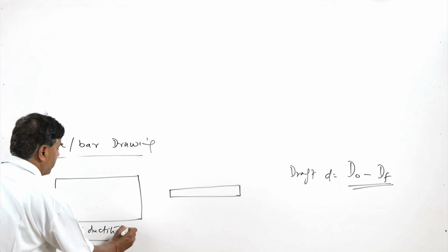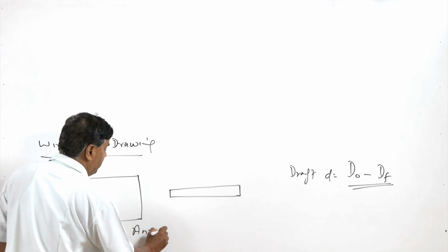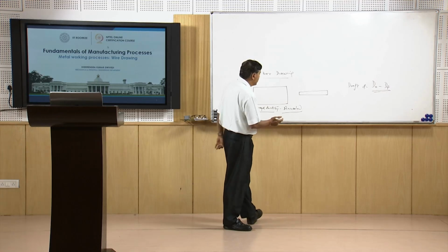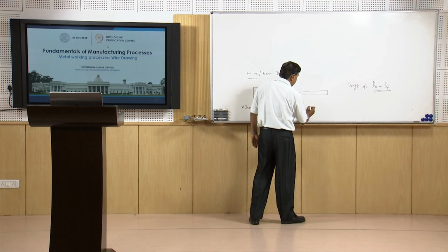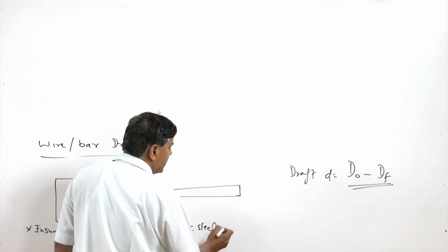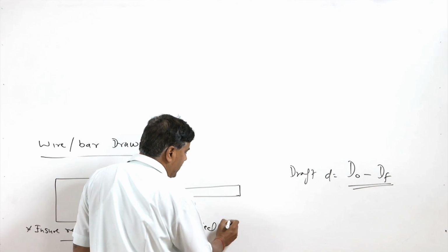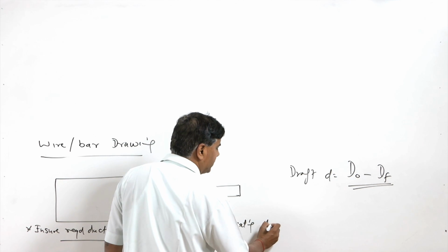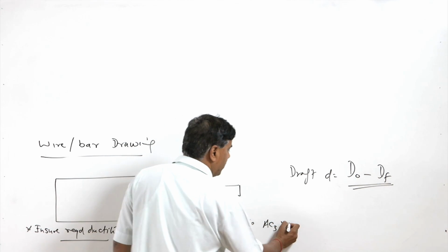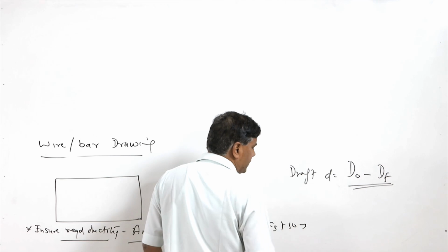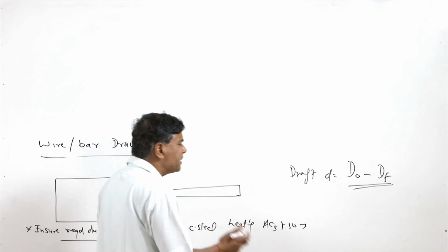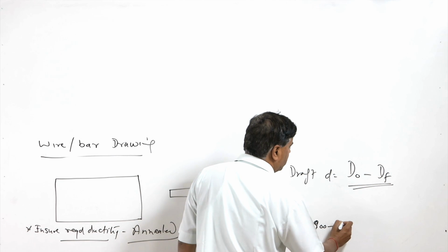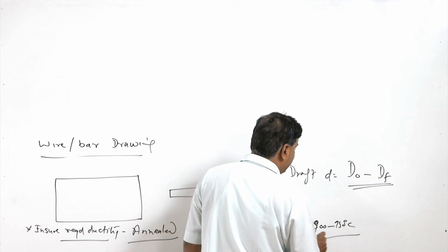For this purpose it may be required that the metal is annealed properly. Depending upon the kind of metal system, for carbon steels, annealing is carried out by heating the bar above the AC3 temperature plus 50 degrees. So depending upon the carbon concentration, it may be say 900 degrees centigrade to 950 degrees centigrade.